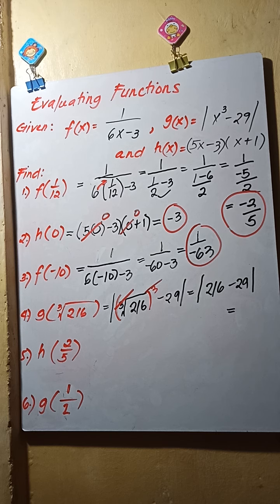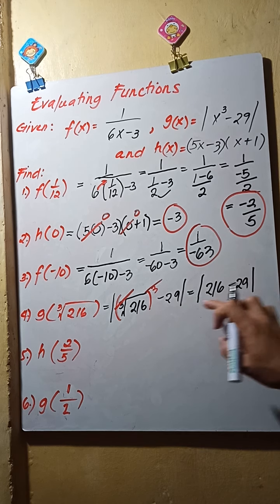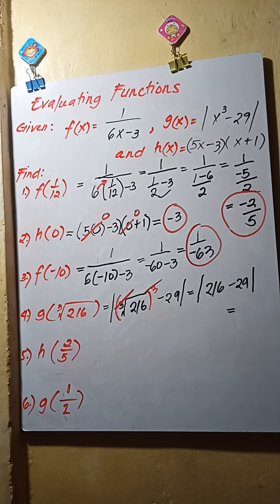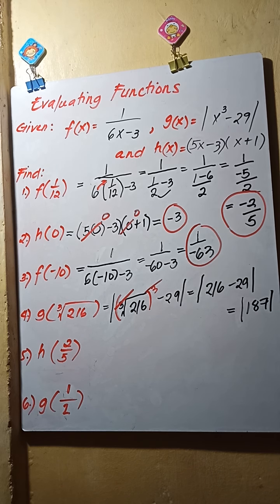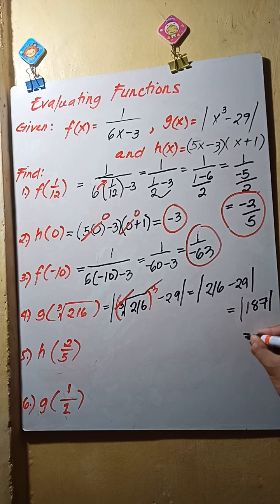As I said earlier, everything inside the absolute value is always positive. If you take the absolute value, that is simply 187.